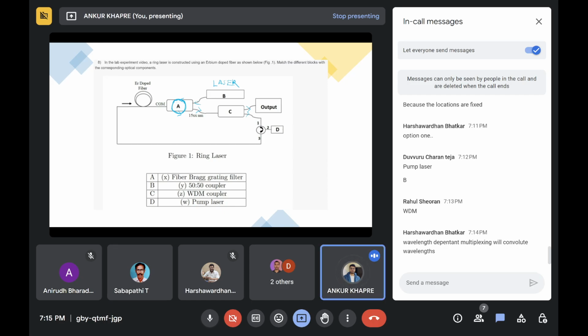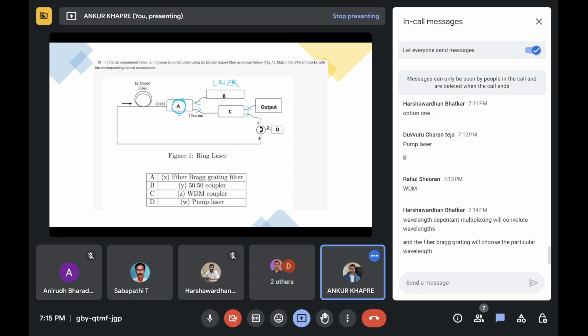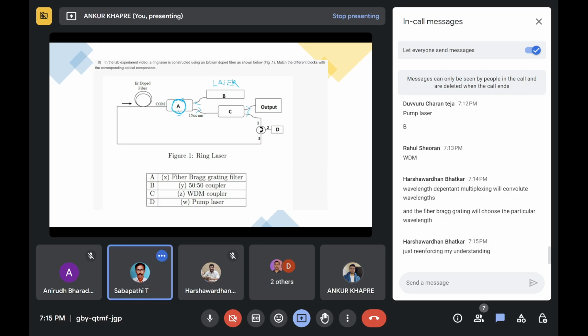Which option are you talking about, D or which one? Actually, till here it is correct.